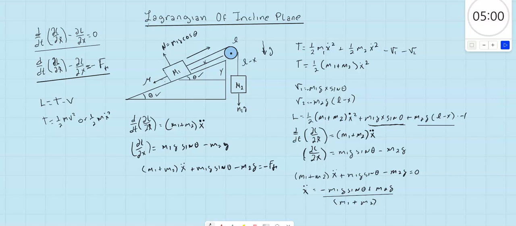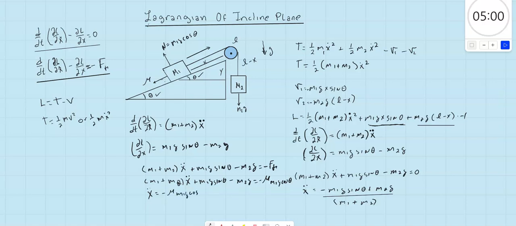So we will write this down as (m1 plus m2) x double dot plus m1 g sine theta minus m2 g, and our force of friction will be minus mu m1 g cosine theta.